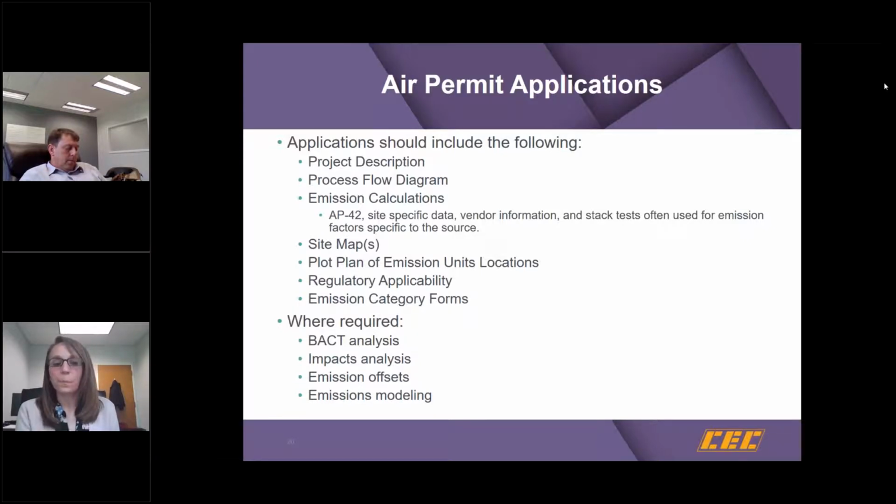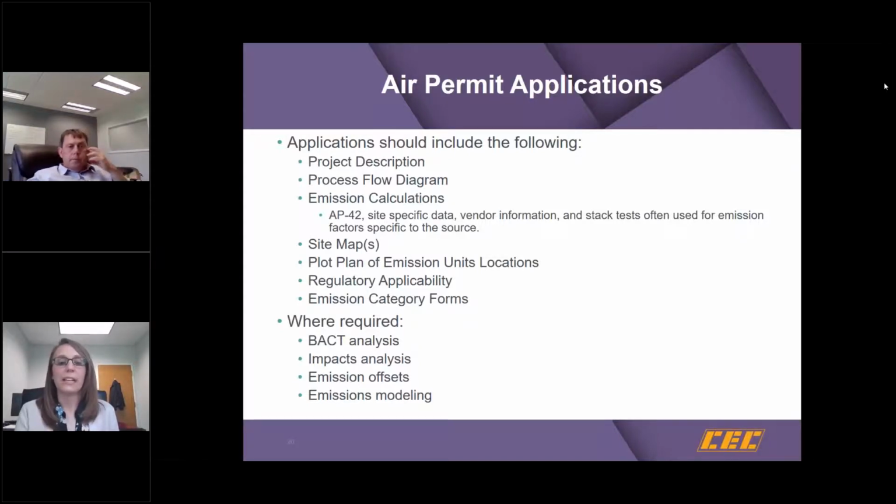Sometimes we submit regulatory applicability. Especially with FEPTIOs, it's a really good idea if you know in advance what regulations you may be looking at and concerned that you might be tripping, headed into Title V, and how you plan on limiting your emissions.